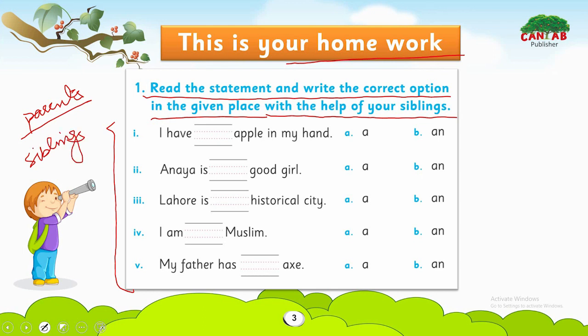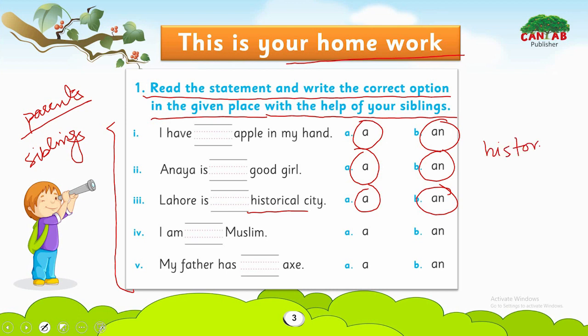I have dash apple in my hand. What is the right answer? This is your homework. Anaya is dash good girl. Which one will be the answer? Lahore is dash historical city. A or an? What does it mean? Historical is a vowel or a consonant?